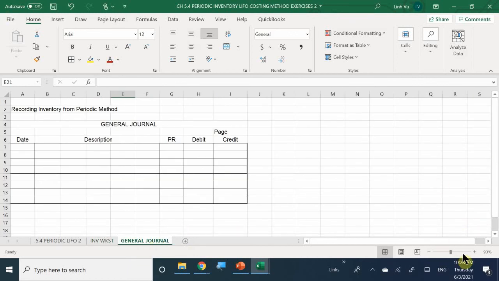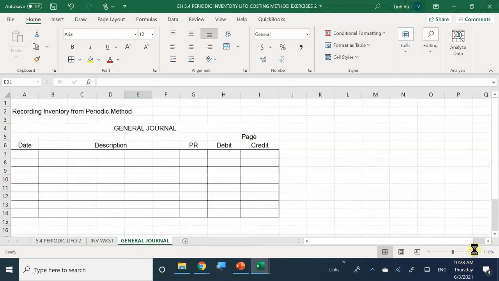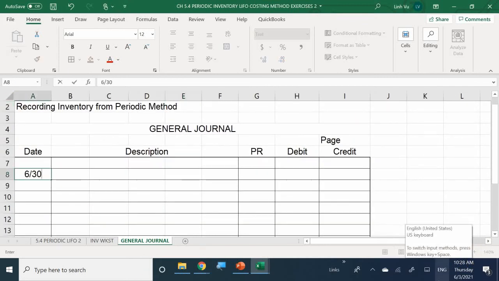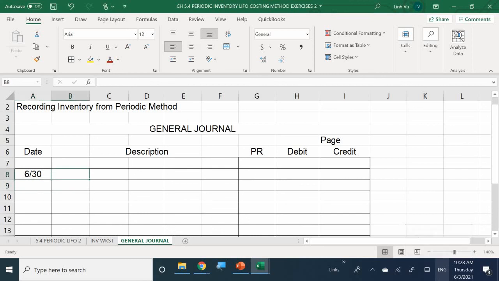Once again, we're going to complete the conversion entry. Once again, this is now June 30th. What is my journal going to look like? Is that the one where you start with the inventory end? Yes. So let's see.